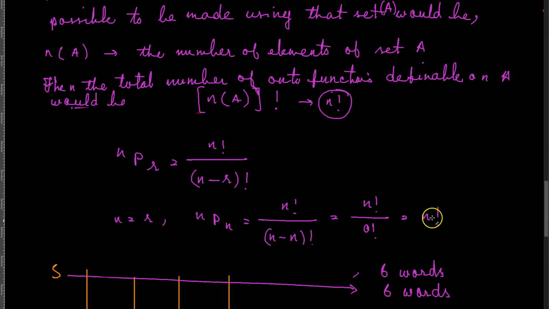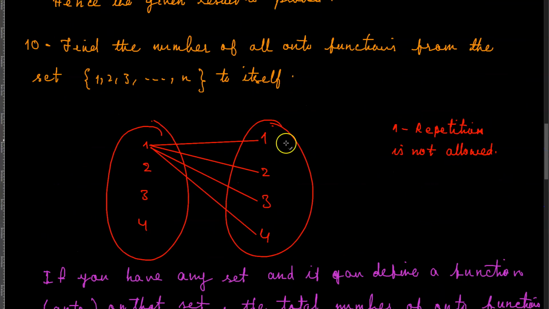Which means that if you have 4 objects, you would get 4 factorial. If you have 5 objects, you would get 5 factorial. If your set has 4 elements, you'll have 4 factorial. If your set has 5 elements, you'll get 5 factorial. If your set has 6 elements, you'll get 6 factorial, and so on and so forth, right?